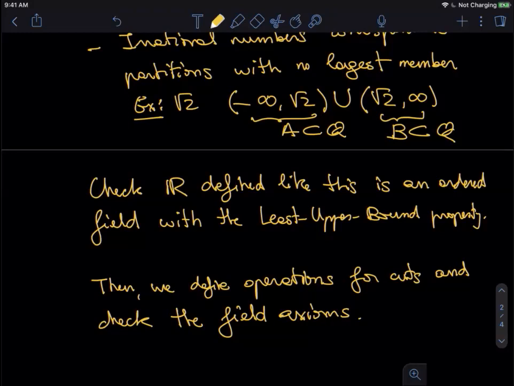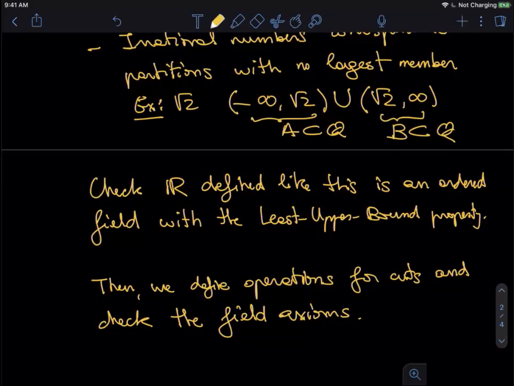Okay, very important, of the rational numbers. And then once we have a good definition of numbers, we need to check that it's an ordered field, that it satisfies the least upper bound, define the operations for the numbers as we have constructed them, and then check the field axioms, and then we are done.